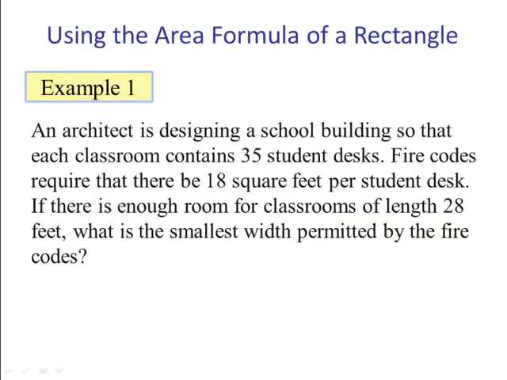Let's do an example. Example 1. An architect is designing a school building so that each classroom contains 35 student desks. Fire code requires 18 square feet per student desk. If there is enough room for classrooms of length 28 feet, what is the smallest width permitted by the fire codes?